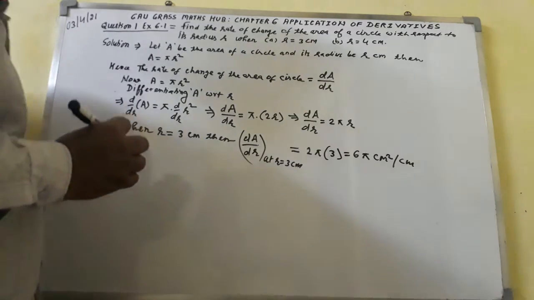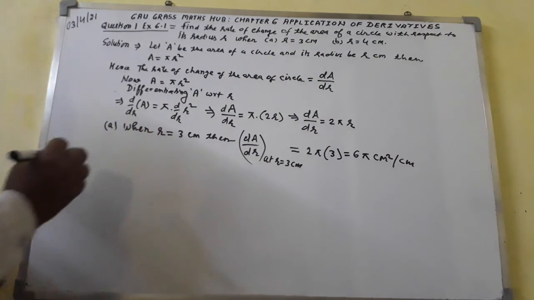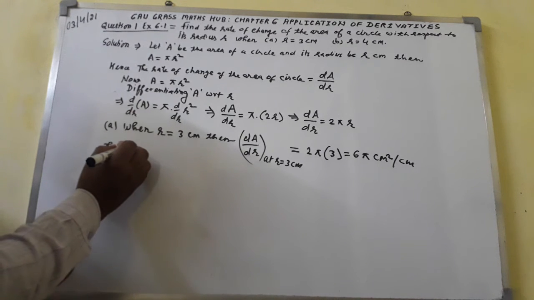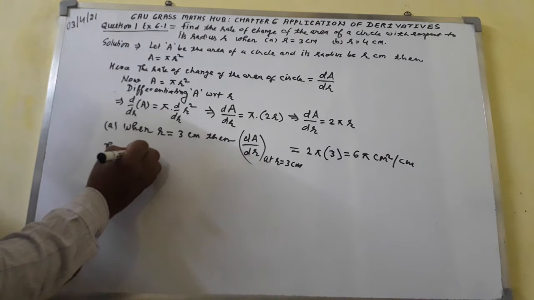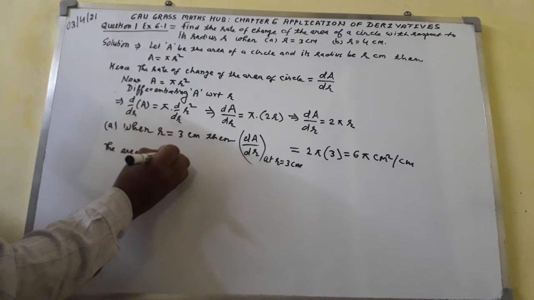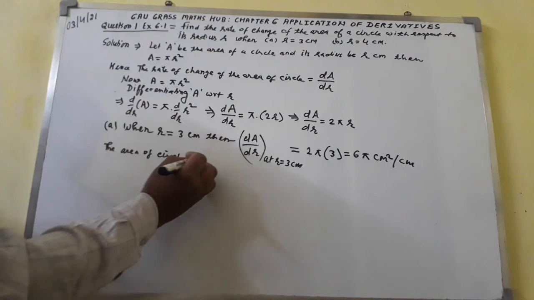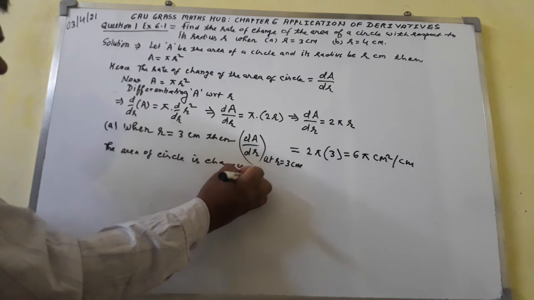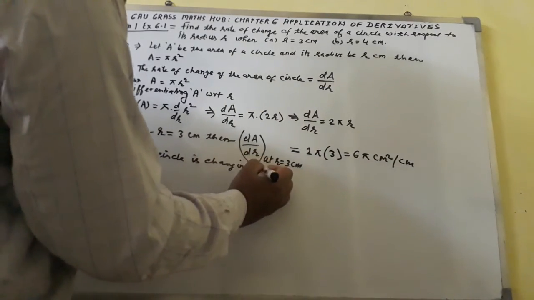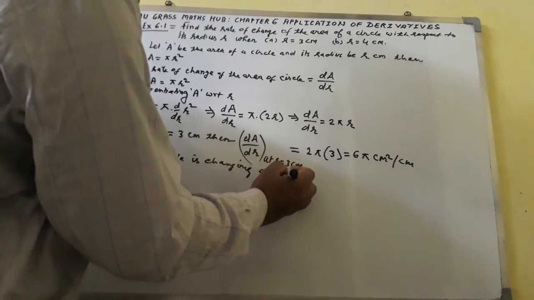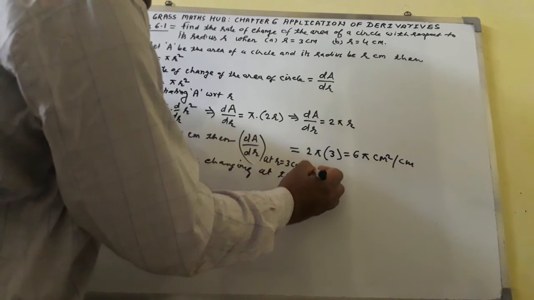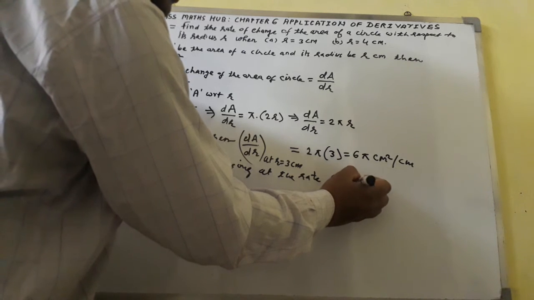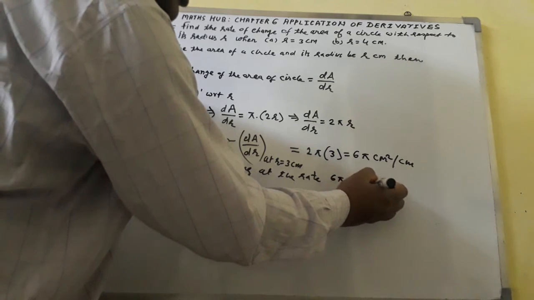So here I shall write: the area of circle is changing at the rate 6 pi centimeter square per centimeter.